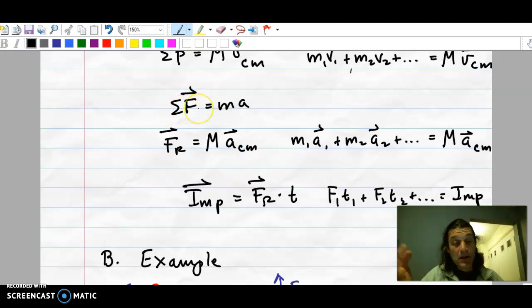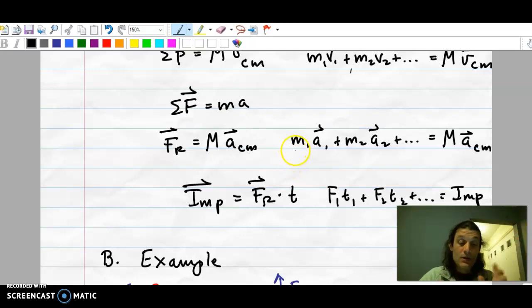You can do the same thing for forces. You have F equals ma. Someone should make a law. In this case, the FR stands for resultant force. So the direction of the resultant force gives you the mass whole times the direction of the A whole, the acceleration of the center mass. All right, that center mass again acts as though all of the mass is located there. So that's where the mass whole hangs out.